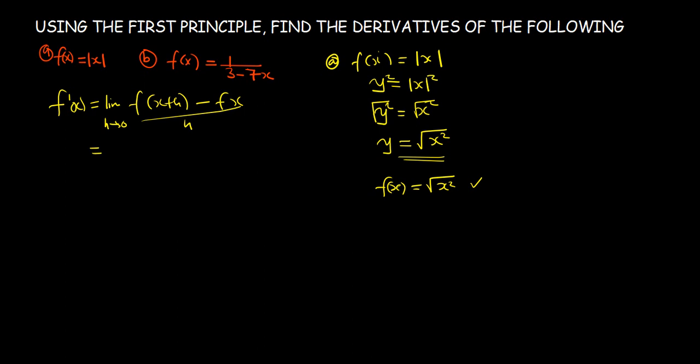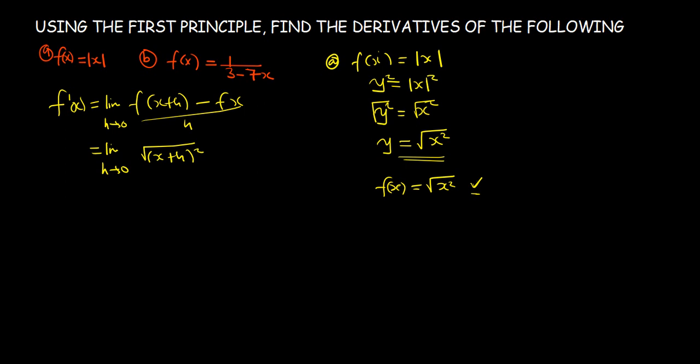So now we'll say the limit as h approaches 0. Then wherever there's x, we replace it with x plus h, like that, in the brackets.